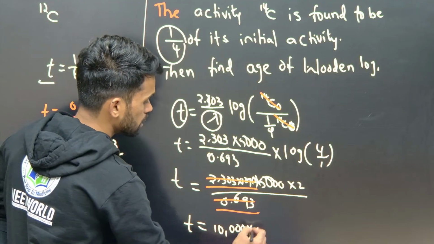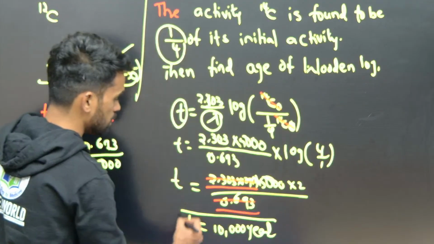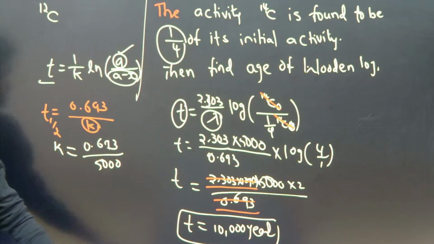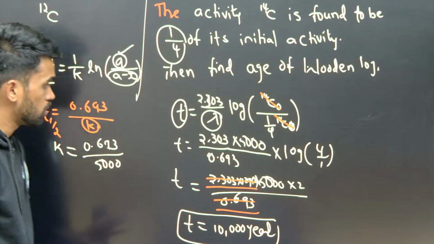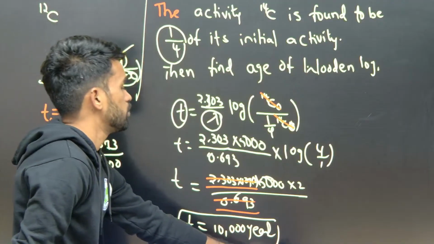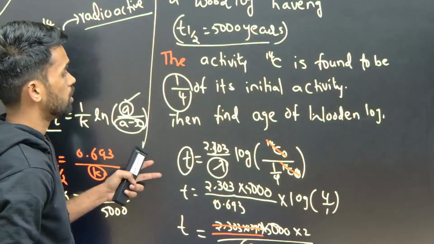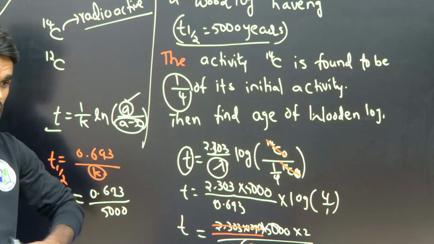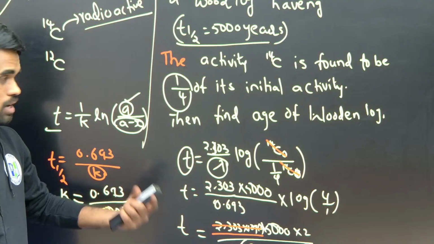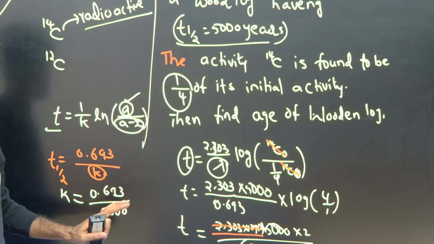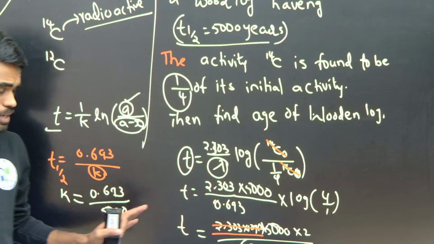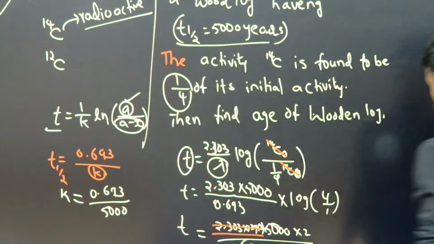It belongs to 10,000 years long ago. Hope this type of calculation is clear. This is one of the important methods for calculating the ages of wooden logs or any other bone ages, like the bones of dead bodies. We can calculate using this carbon dating method. Hope the discussion on first order kinetics is clear.